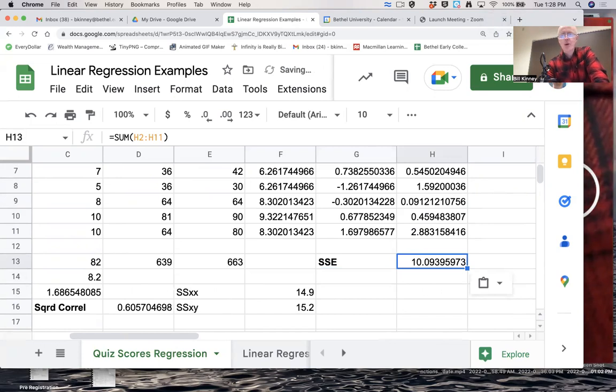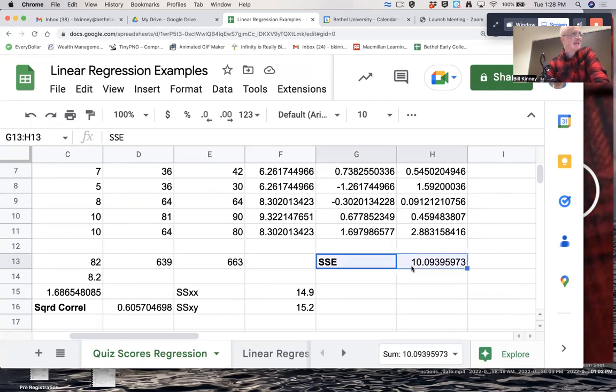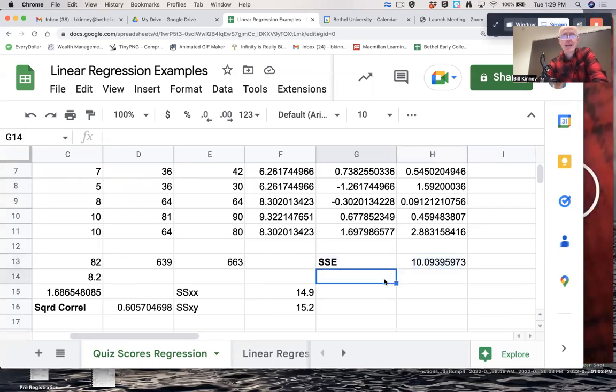Residuals, 10.09. This is the smallest possible value of SSE over all possible regression lines. The least squares linear regression line minimizes SSE. That's what we did with the partial derivatives last week. If I divide it by n minus 2, I get an estimate for S, the regression standard error.